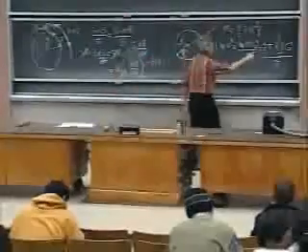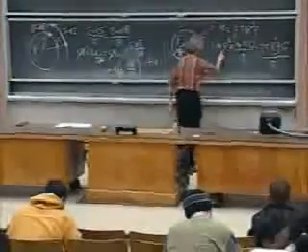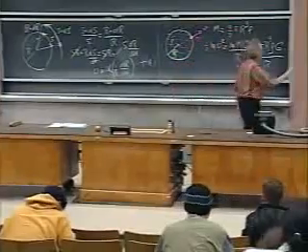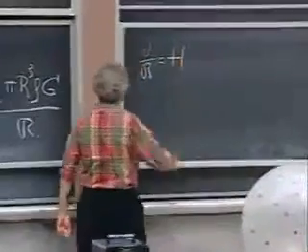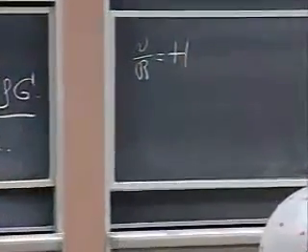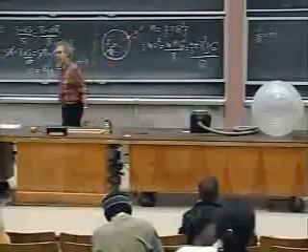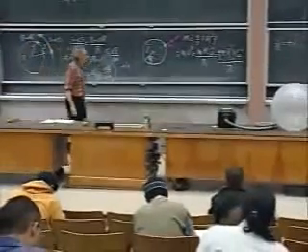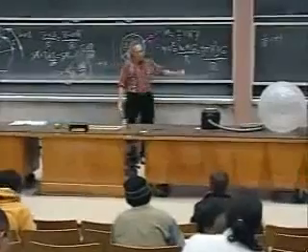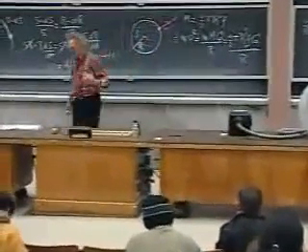And so if I have an r squared here and a v squared here, remember that v divided by r is Hubble's constant, because r is d, the distance between us and the galaxy.